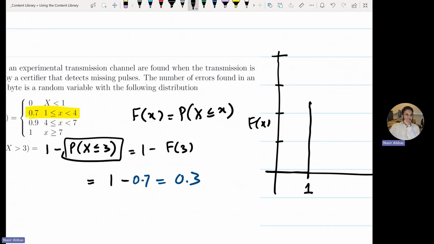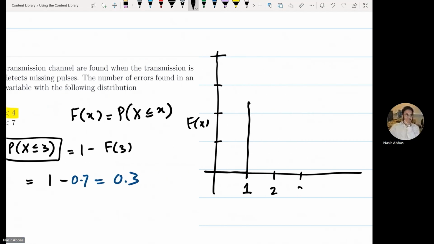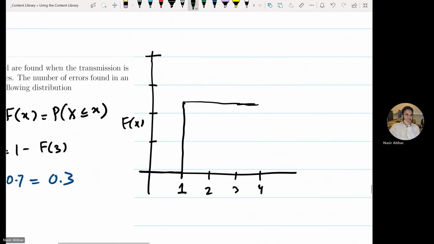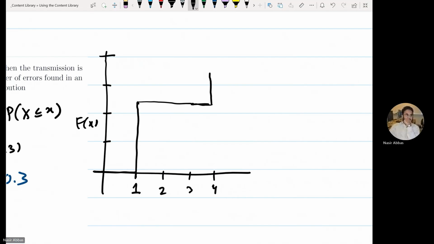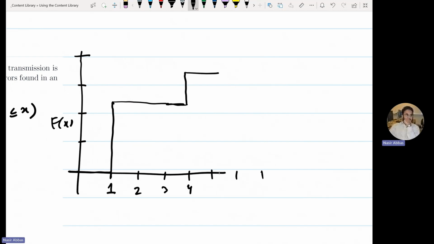Then it stays 0.7 until you reach 4. Then when you reach 4, the CDF again suddenly jumps to 0.9 here. And it stays 0.9 until you reach 7. And then suddenly at 7, it becomes 1. And after 7, it's 1 throughout, right?